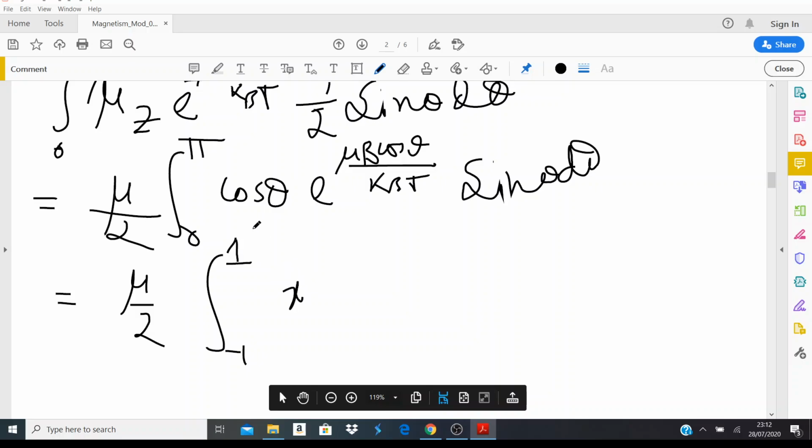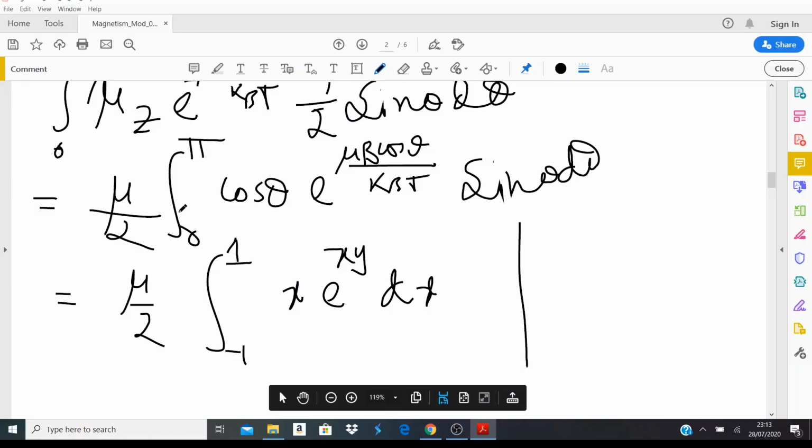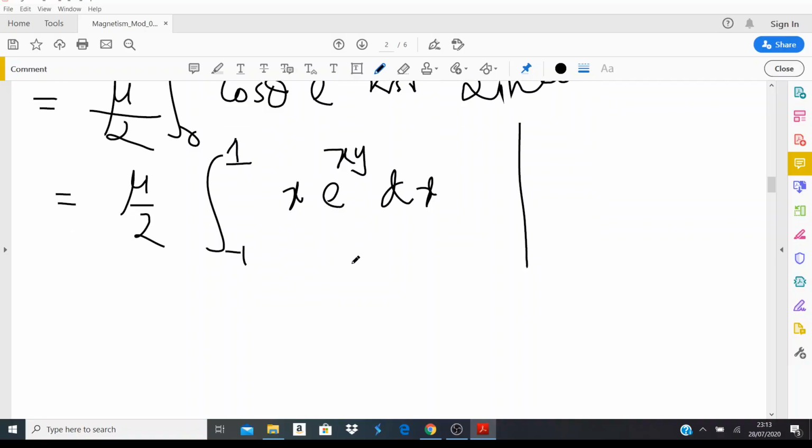Now we have some cos theta here, and on the exponent we will have xy dx. Just put the variable x is equal to cos theta, right? And perform some substitution. It should be very easy. So we need to perform this integration. This is like a two function product. So we will use the integration by parts to evaluate this integration.